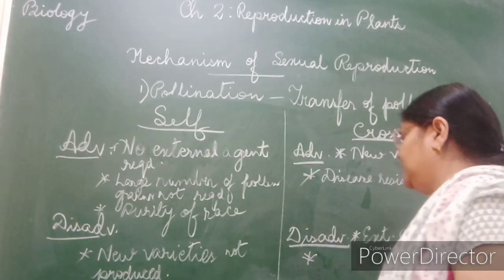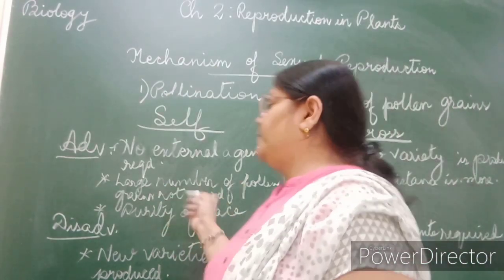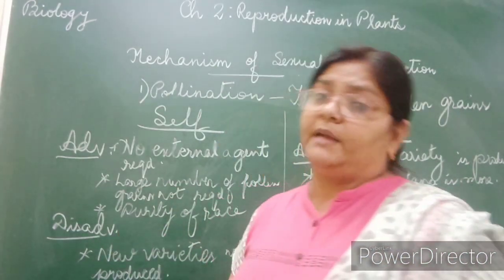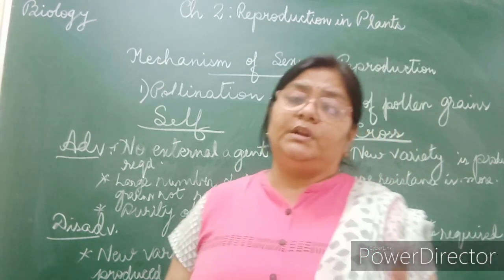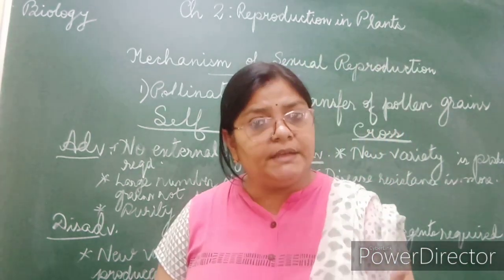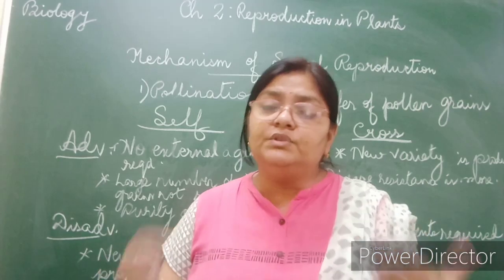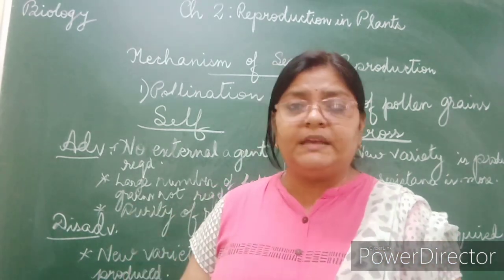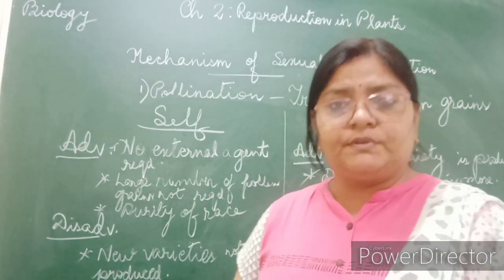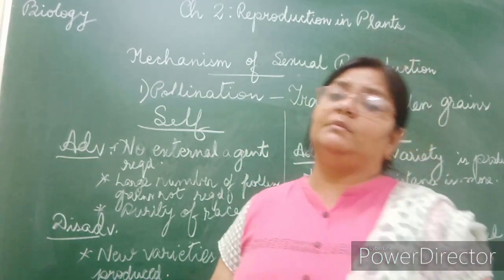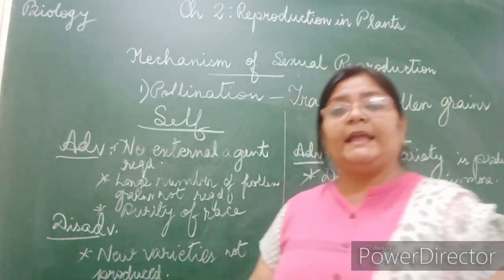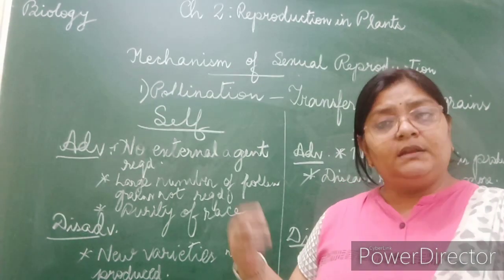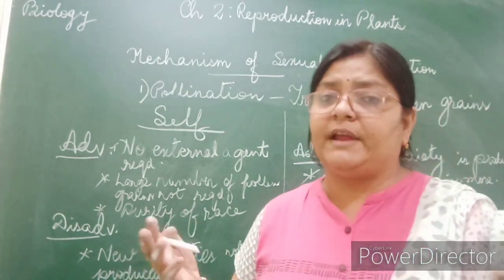Right? Next, in self-pollination a large number of pollen grains is not required. But here, because pollination is dependent on external agents, a huge number of pollen grains are required, and there is also a lot of wastage of pollen grains. Maybe the insect or the animal or the wind or the water carrying the pollen grains might not deposit it in the right place.